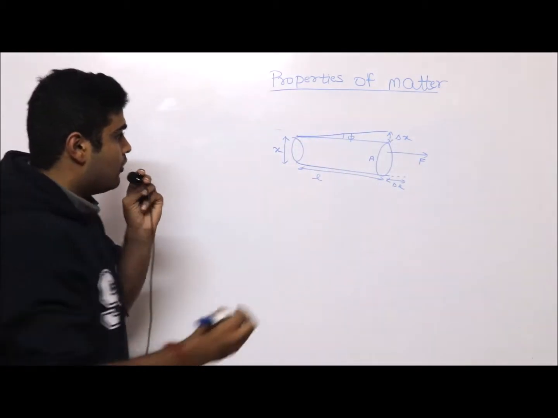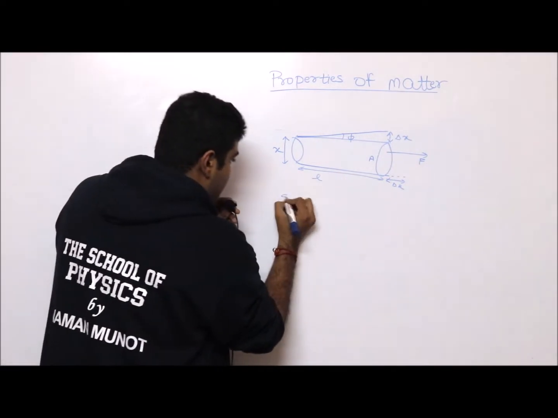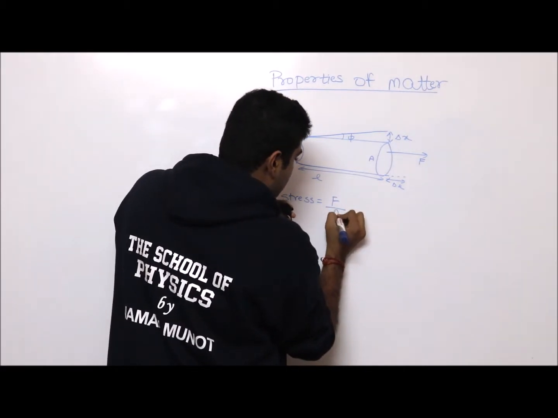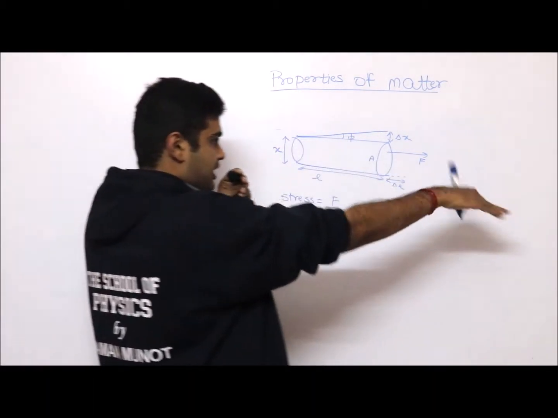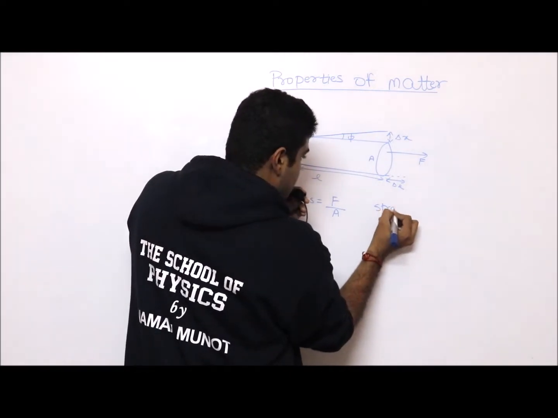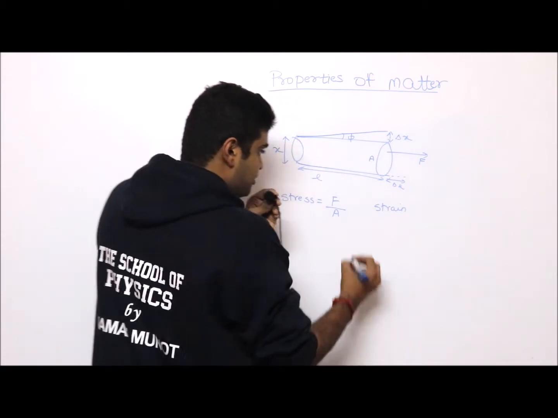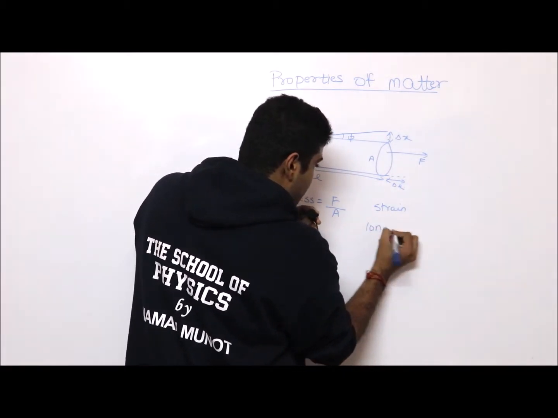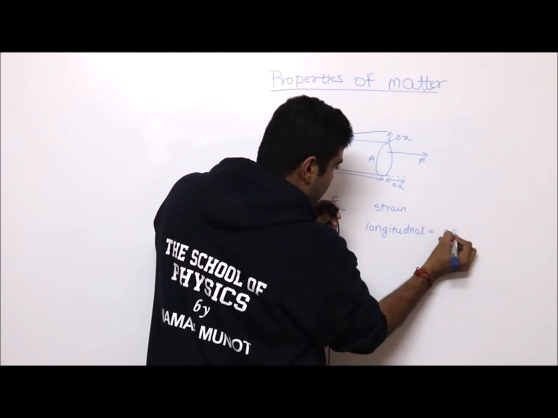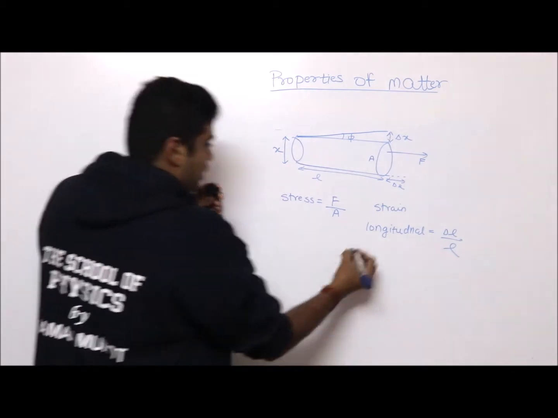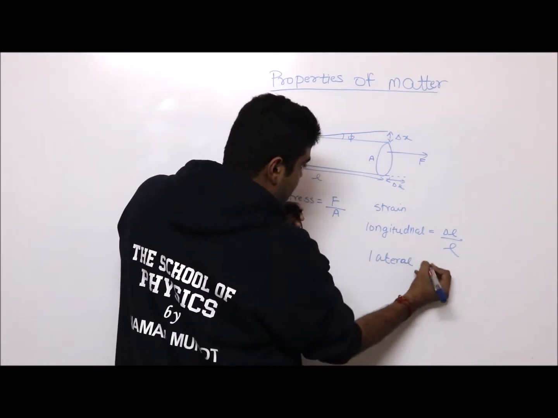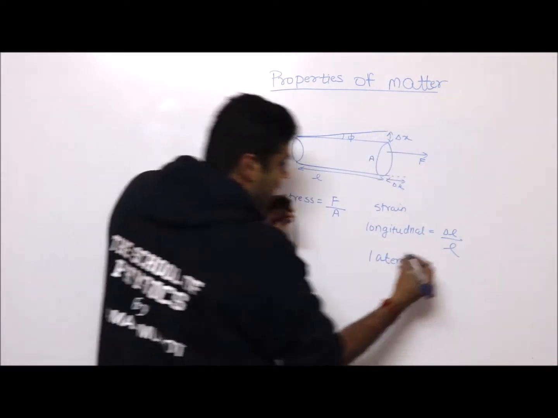So what is the stress? Stress is equal to force upon area, that is force in the x direction upon the area. What is the strain? Strain can be of three types. One is longitudinal strain, given by delta L upon L. Lateral strain is given by delta x upon x.